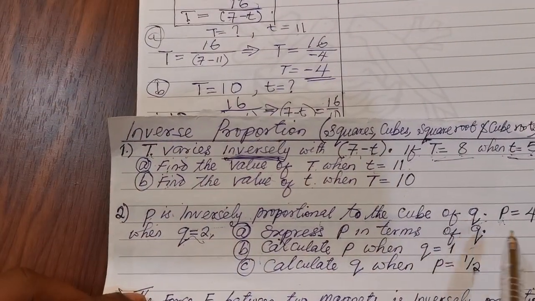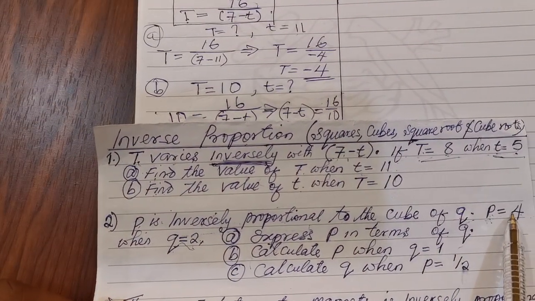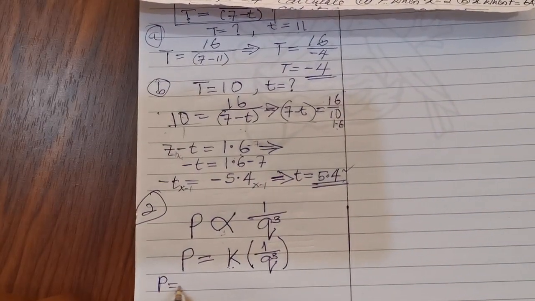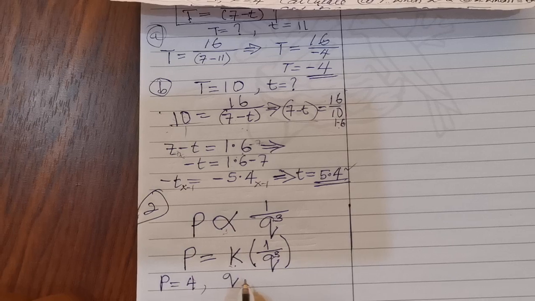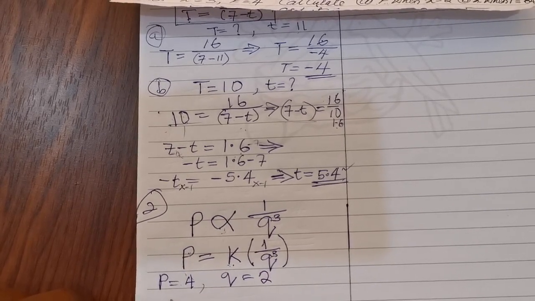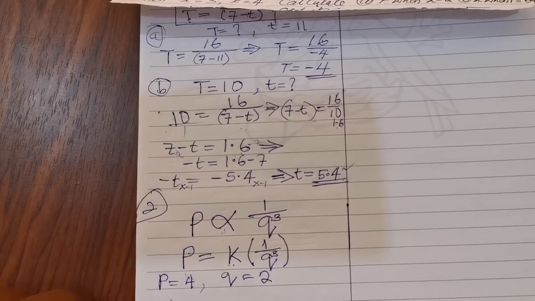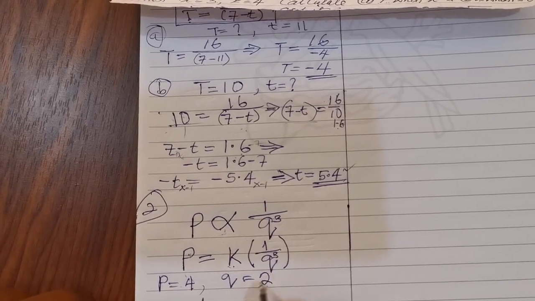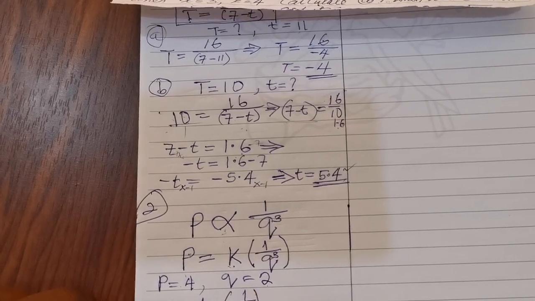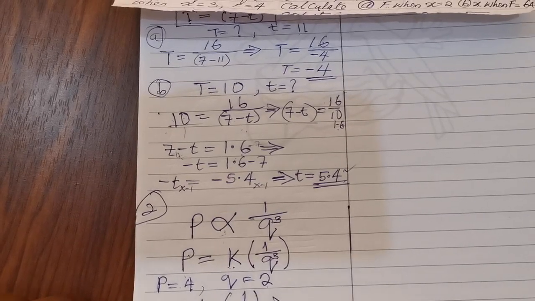They are given that P is 4 and Q is 2. So I substitute P to be 4 and I have K, and Q to be 2, so I have 1 over 2 raised to power 3, and 2 raised to power 3 we know is 8.